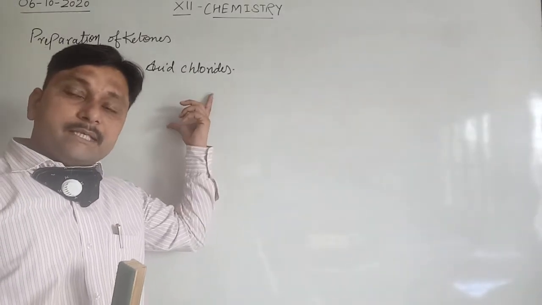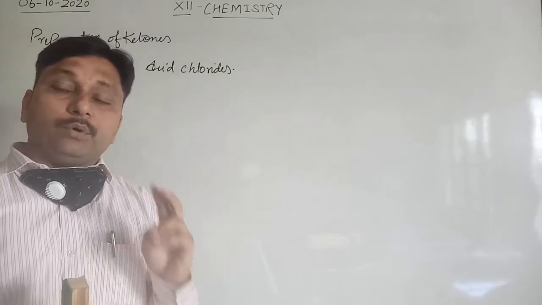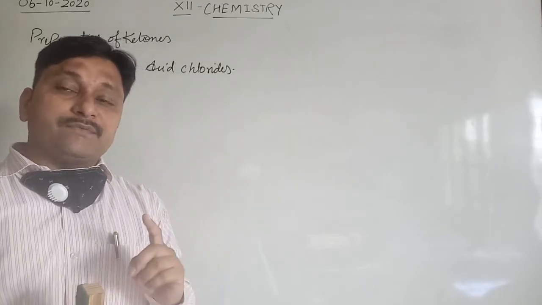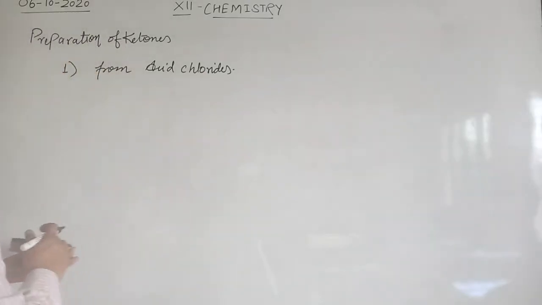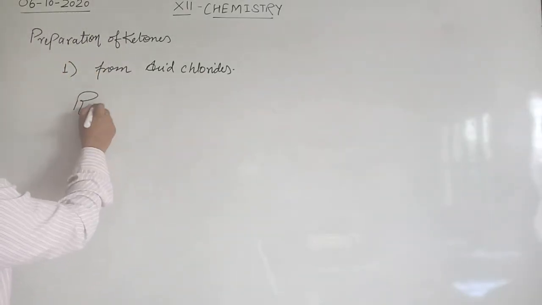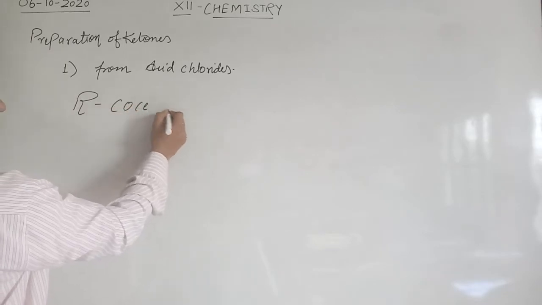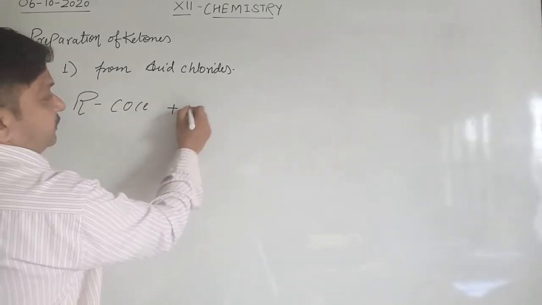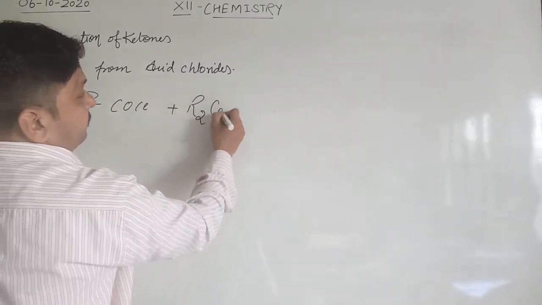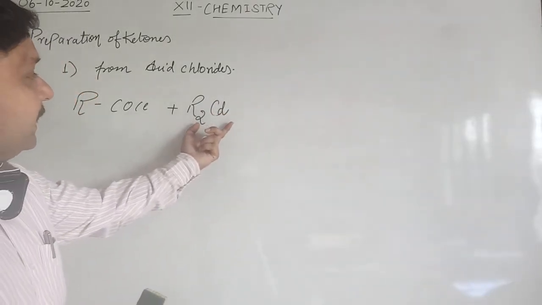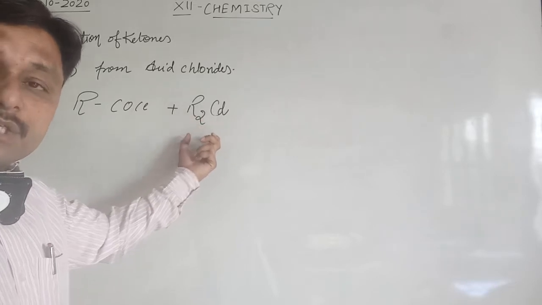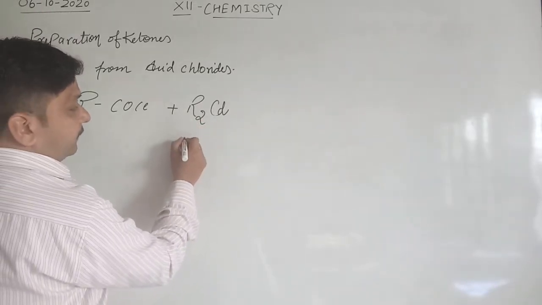Clear? Means acid chlorides are used for both aldehydes as well as ketones, but both have different methods. Acid chlorides like RCOCl, when reacted with dialkyl cadmium, R2Cd. R2Cd is known as dialkyl cadmium.